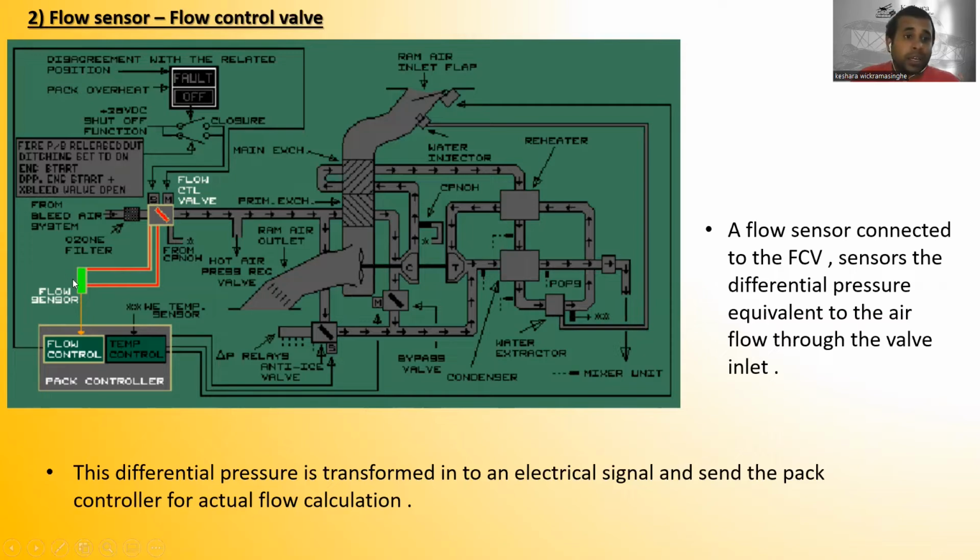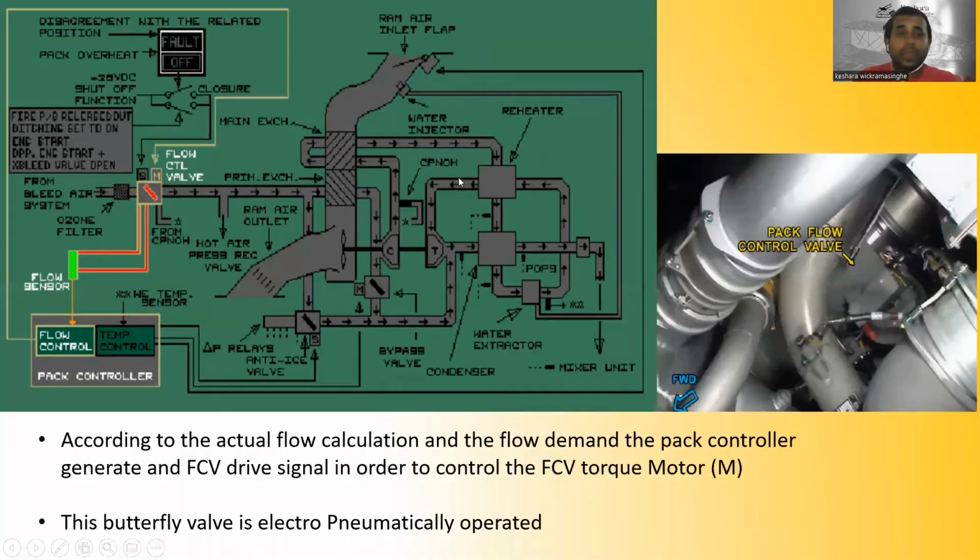You remember, the flow sensor senses the differential pressure equivalent to the airflow through the valve inlet, this is transformed to an electrical signal, and then it is sent to the pack controller for the actual flow calculation. You can see the graph. This is the flow control in the pack controller, and this is the flow sensor connected to the flow control valve.